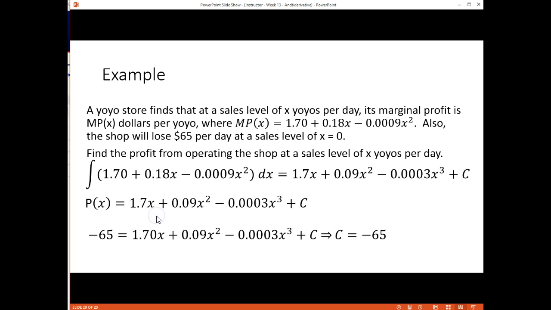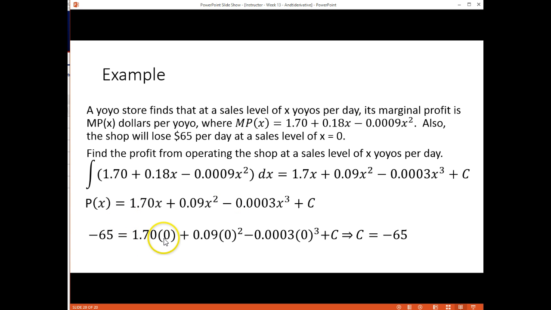And I know P of 0 is negative 65, because if I sell 0 items in a day, I'm going to lose $65. So my profit's negative 65. I plug in 0 for all the x's, and again, this leads us to c is negative 65.